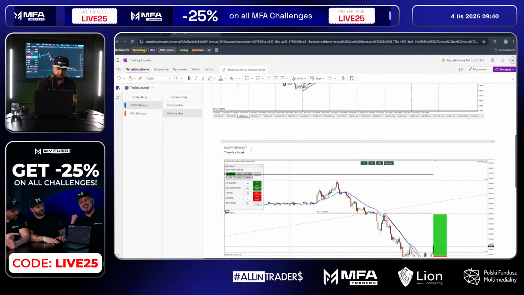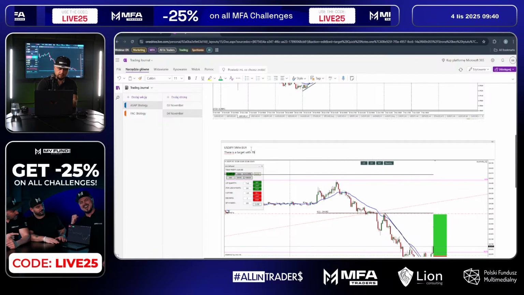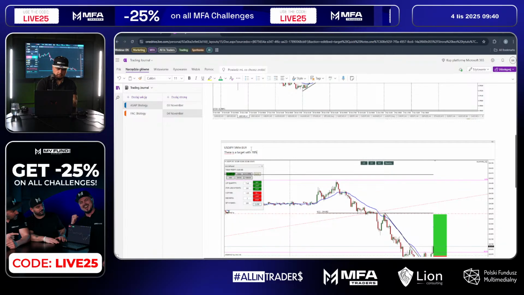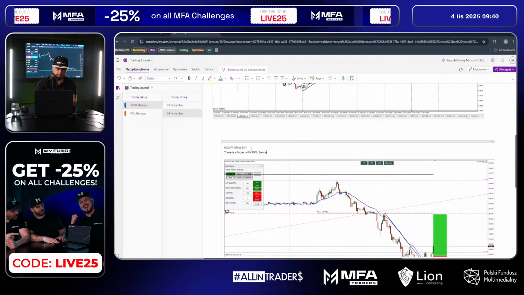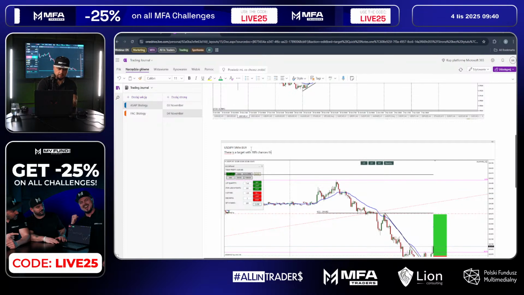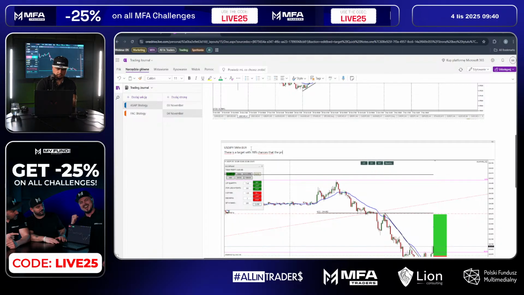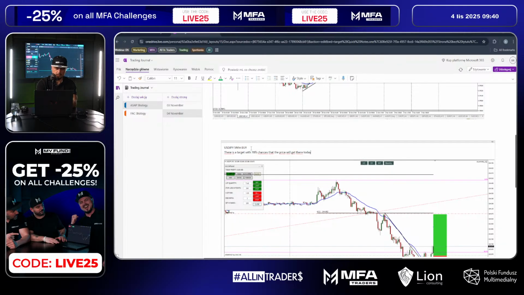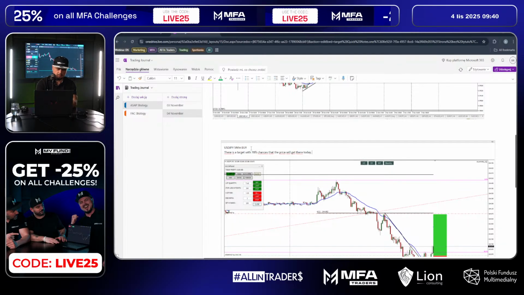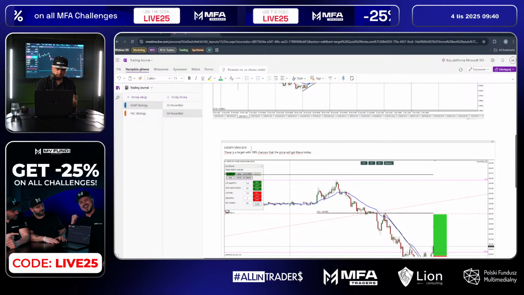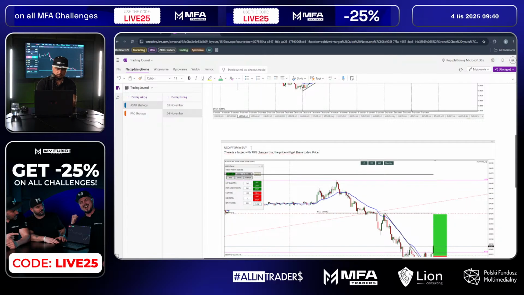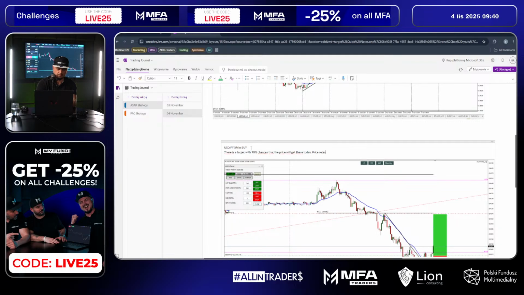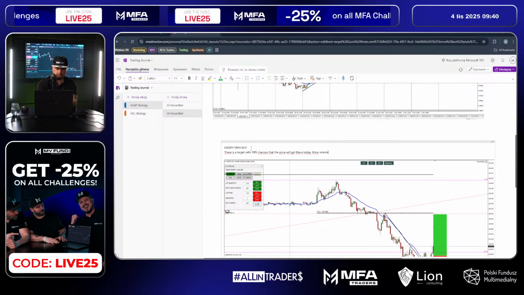There is a target with 78% chances. Retested, retest.